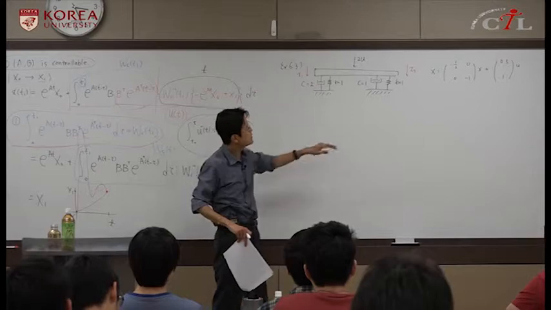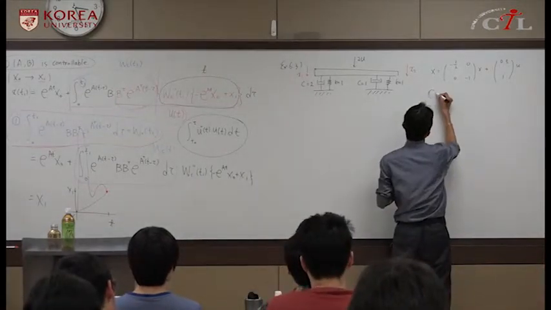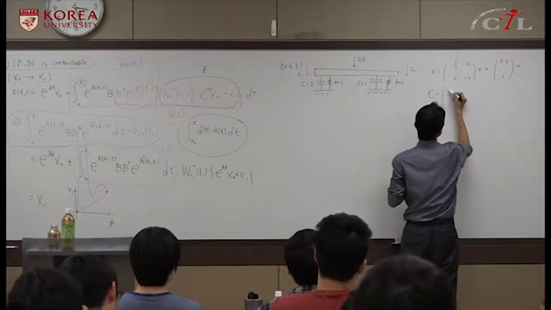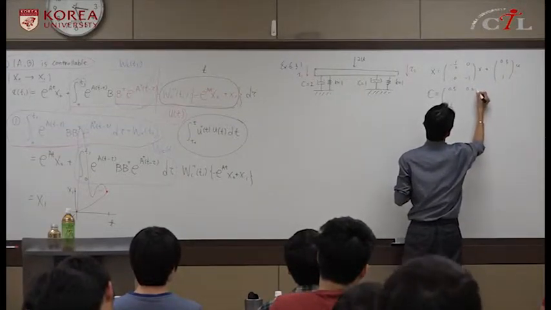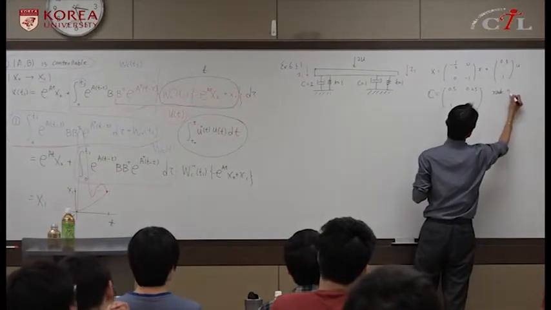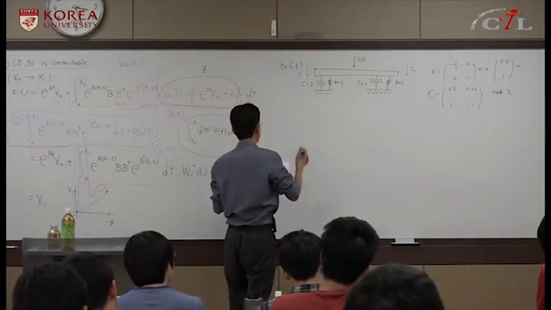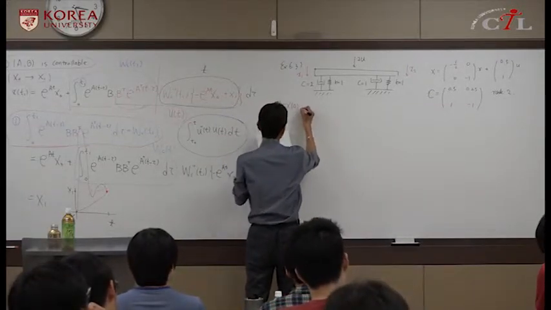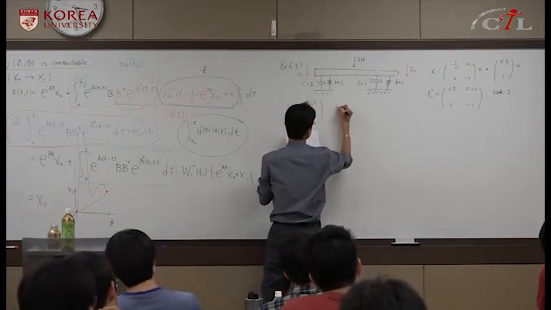So it seems like it is controllable. And if we calculate the controllability matrix, 0.5, 1, and this is 0.25, minus 1, and it has rank 2, so it's controllable. Definitely controllable.